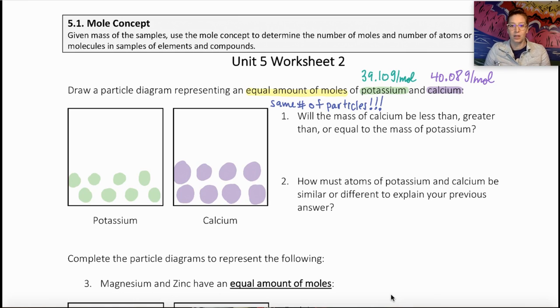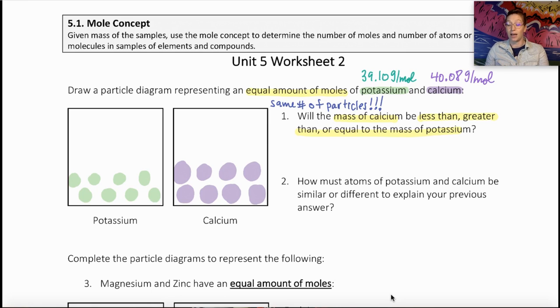Okay, great. So if we have the same number of particles, we want to know in question number 1, will the mass of calcium be less than, greater than, or equal to the mass of potassium? So if we have the exact same number of particles, and if we look at the molar masses, this is where we want to look for our answer.